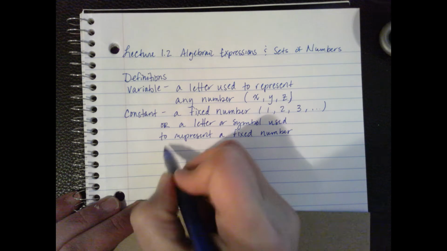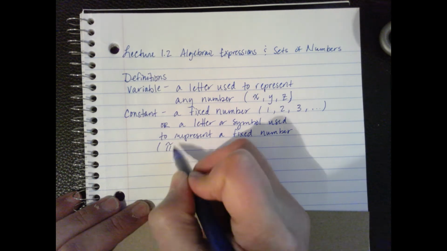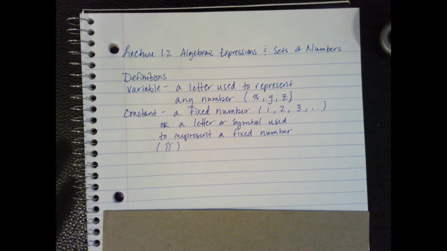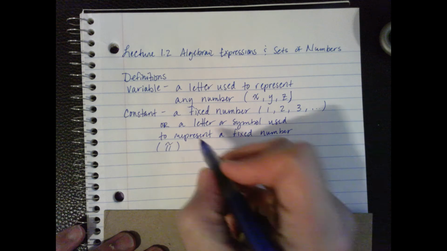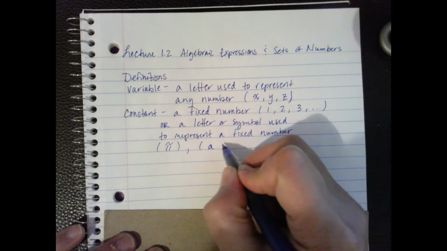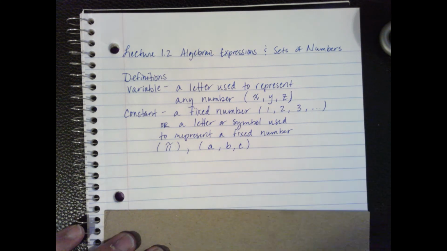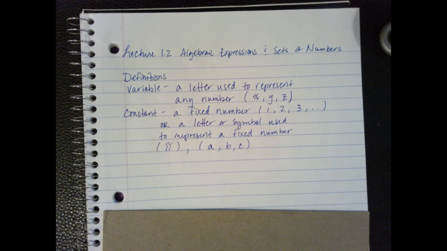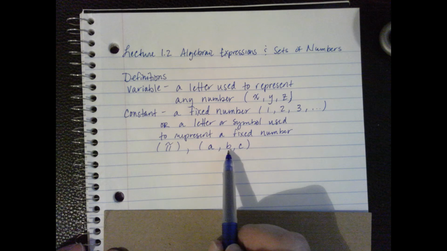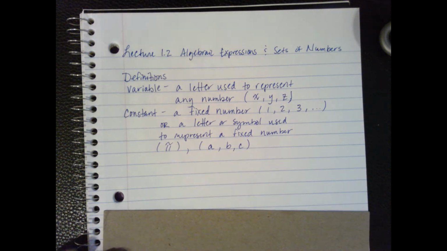For example, pi: we don't see any of the decimal values when we write it this way, but we know it's a constant. You could also see A, B, or C in definitions. Whenever we have these in definitions, though, we will establish what they are. You'll know specifically that it's meant to be a fixed number or it's meant to be a variable.